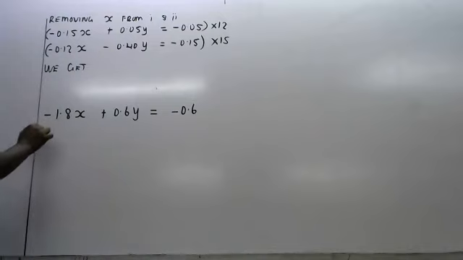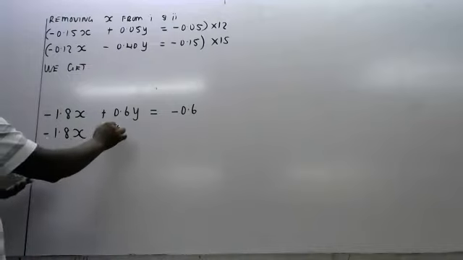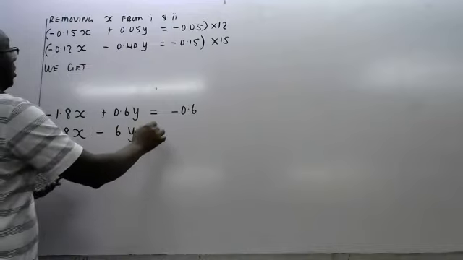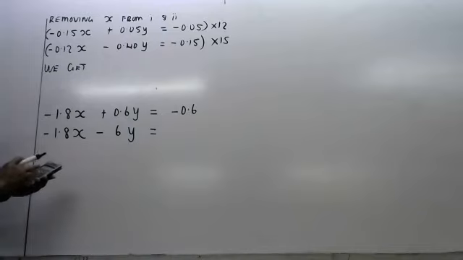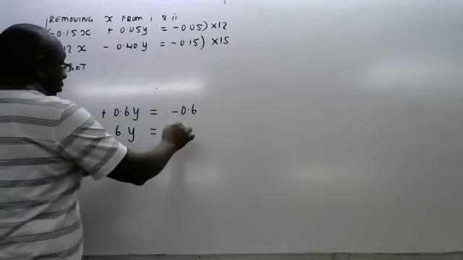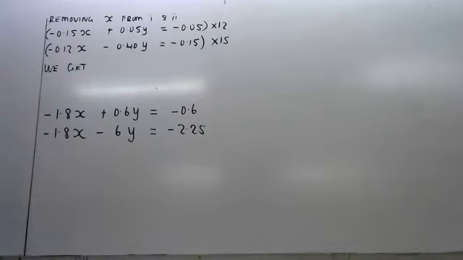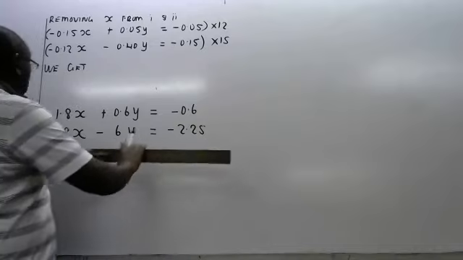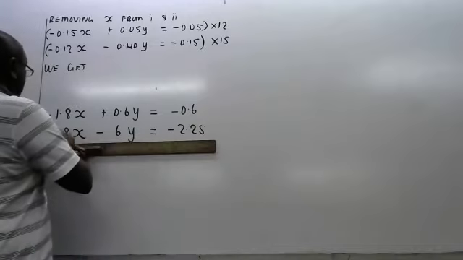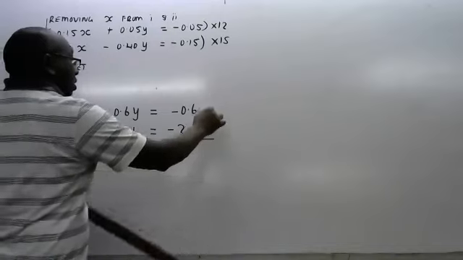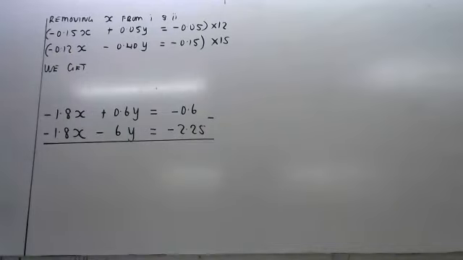This one must be minus 1.8x minus 0.4 times 15 is 6y equals 0.15 times 15 is minus 2.25. So what I'll do so that this one goes is to subtract.